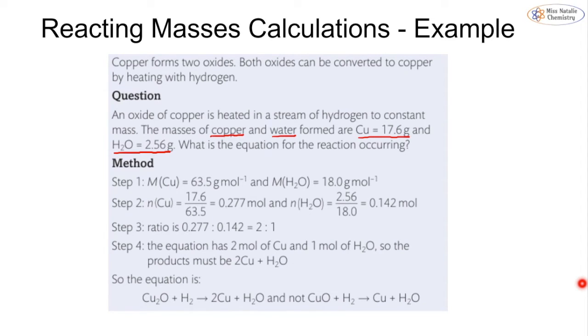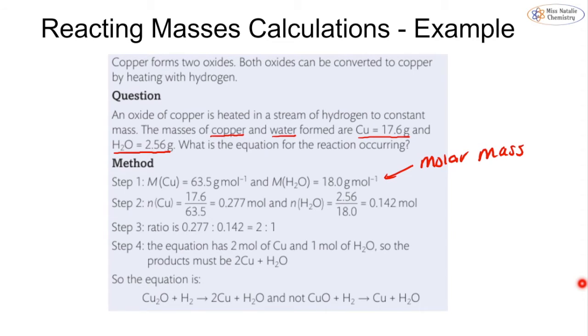So in this case, the first thing that we have to do is we have to figure out our molar mass. So for copper, we can read it straight from the periodic table, it's 63.5, and for water, it is 18 grams per mole. From that, then I can calculate my number of moles.